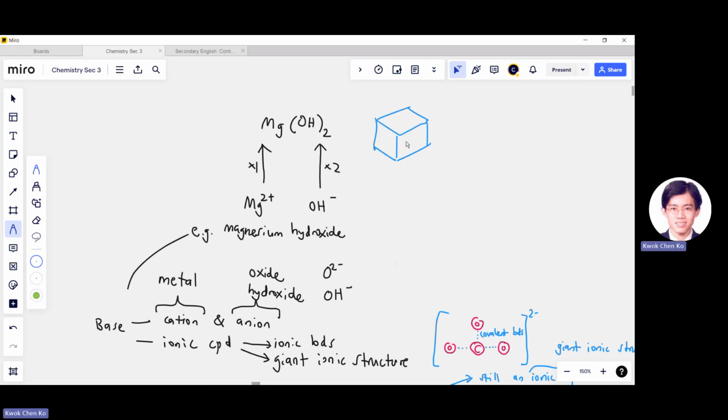Of course, there are many ions inside, but what you need to know is this: the ratio of magnesium ions to hydroxide anions is always 1:2. Just keep that in mind. I don't care how big that crystal is, the ratio of these two ions will always be 1:2.